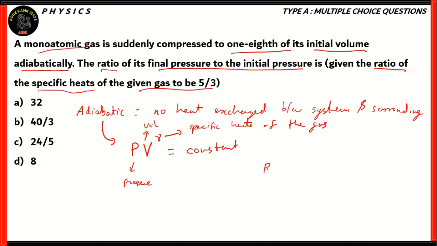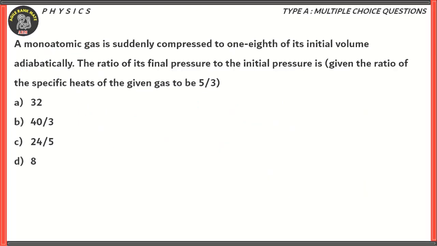Now we're going to consider initial pressure as P1, final pressure as P2, initial volume as V1, final volume as V2, for the same gas in the particular adiabatic process.